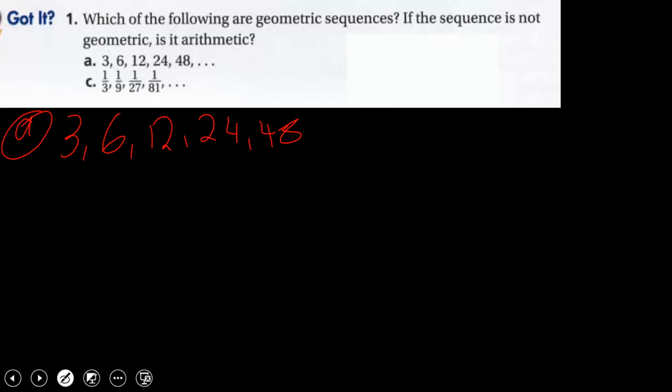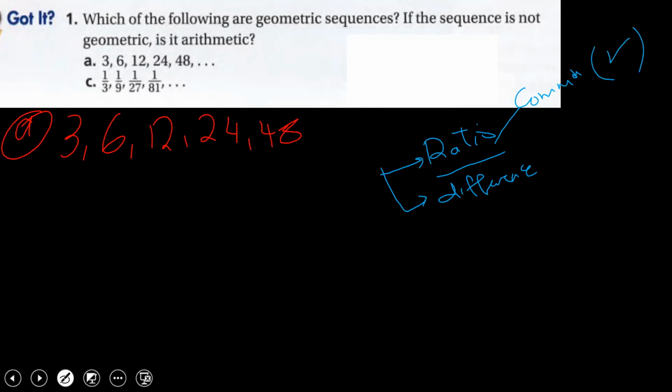If I want to determine if this sequence is arithmetic or geometric, I will find the ratio or a difference. I will try these two things. If the ratio now is common, I will say it is geometric.